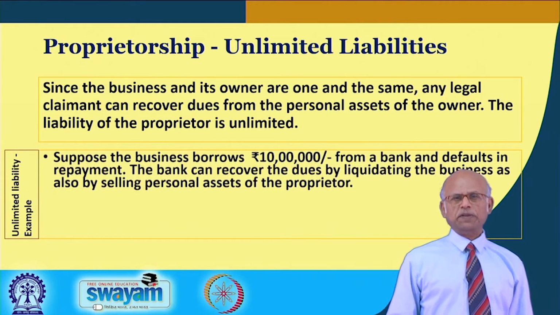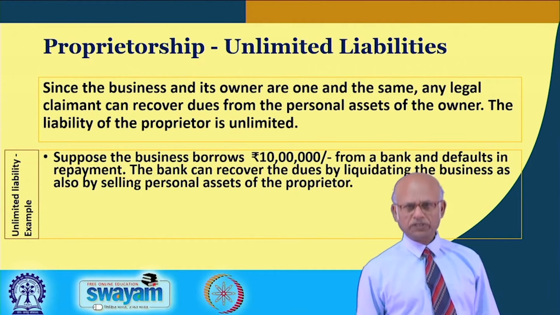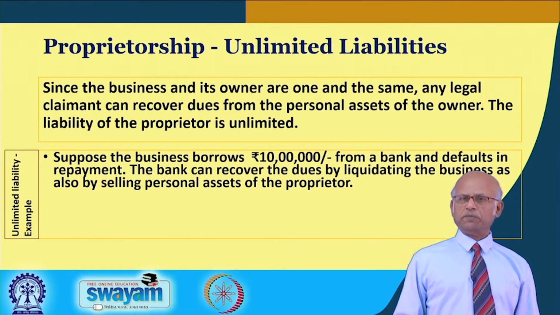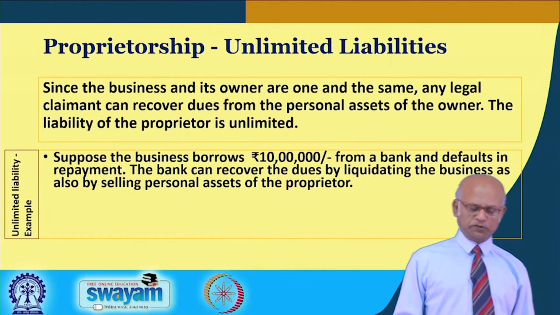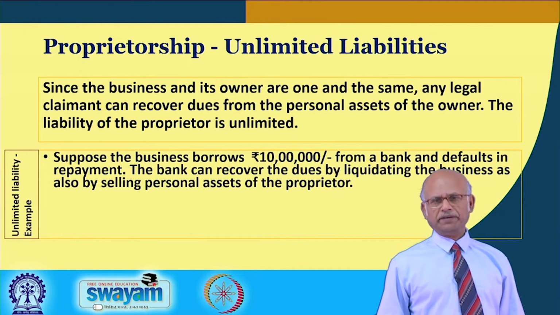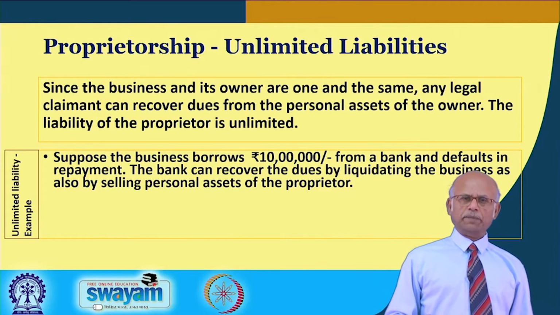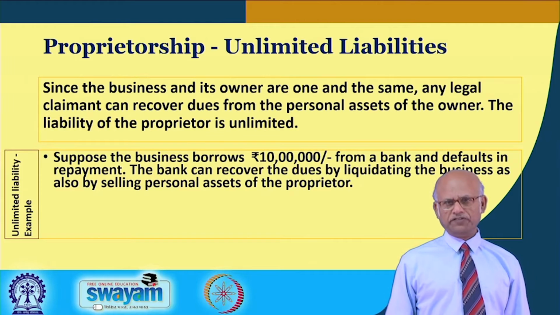Just to explain this with an example, suppose the business borrows 10 lakh rupees from some bank, and for whatever reason the business does not fare well, and defaults in the repayment of the loan and interest.